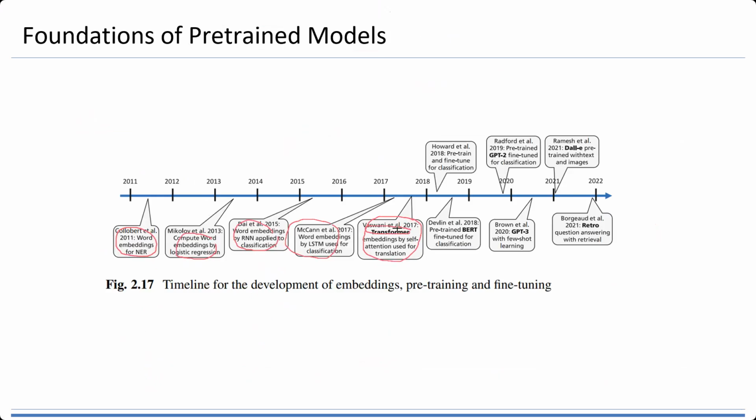People use the transformer to create pre-trained models. From 2017 you can see some developments, for example using BERT, pre-training, and then fine-tuning. And then in 2020 they have GPT, and they developed GPT-3. And then there are other pre-trained models such as DALL-E, Retro, etc.